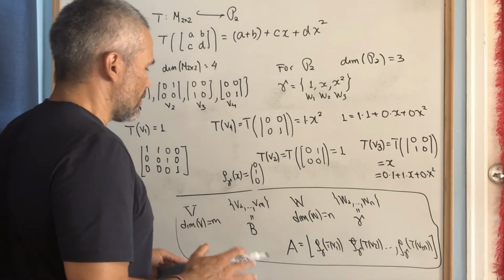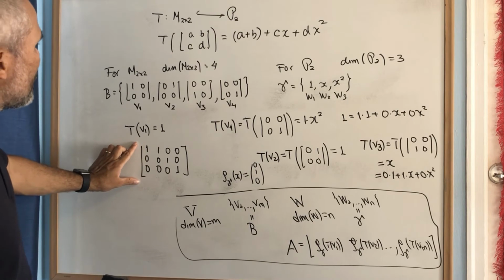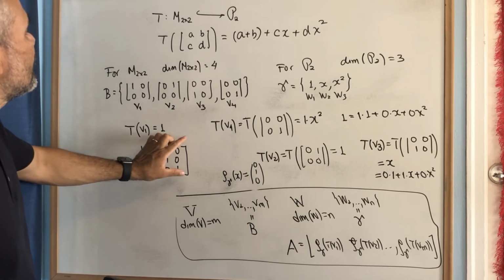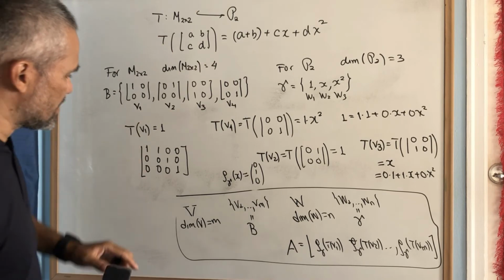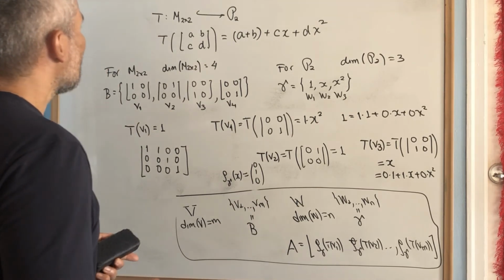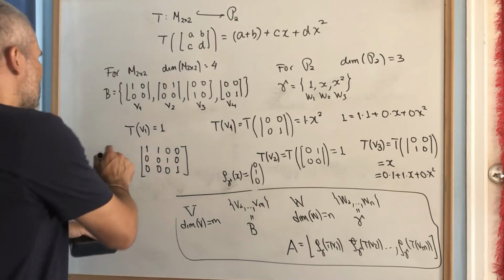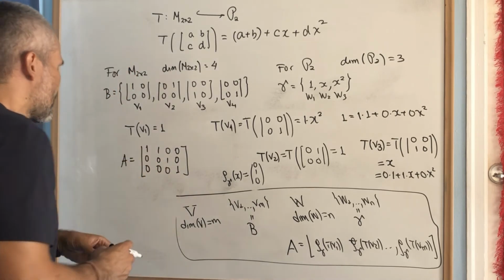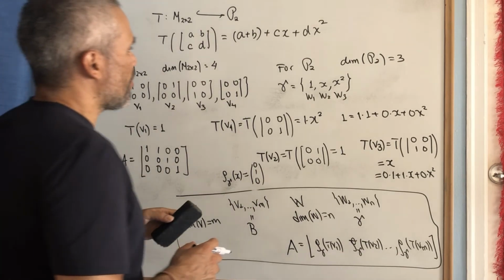Something that is going to be important is that most of the information about the transformation T is in this matrix. Maybe the most important property for the matrix that represents a transformation is the following property.